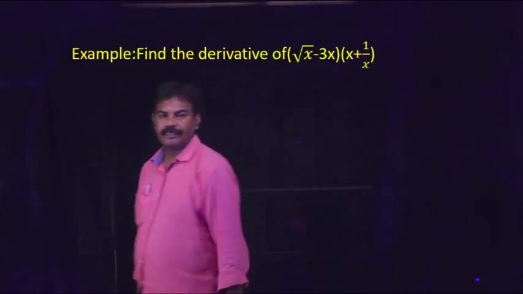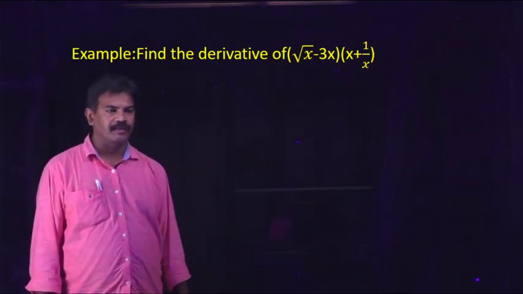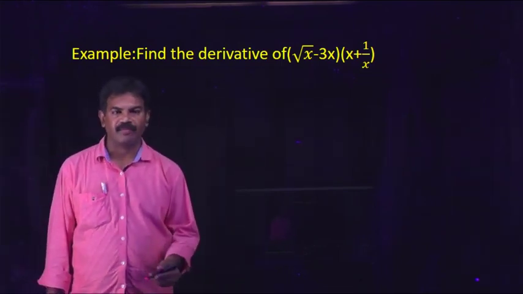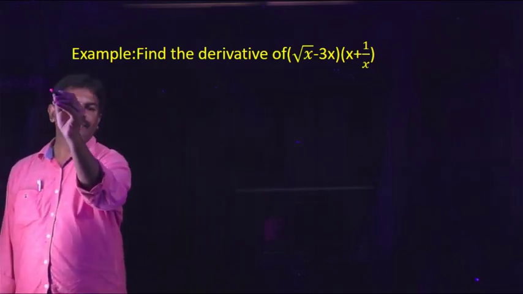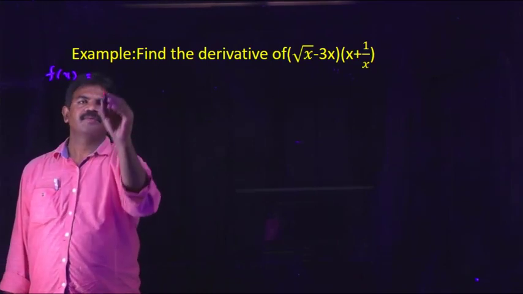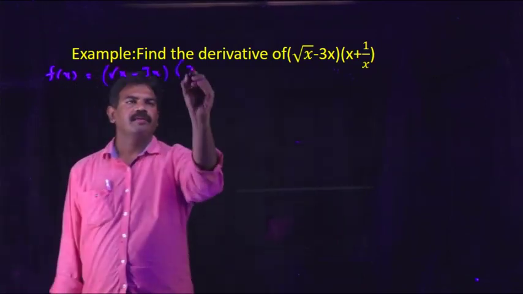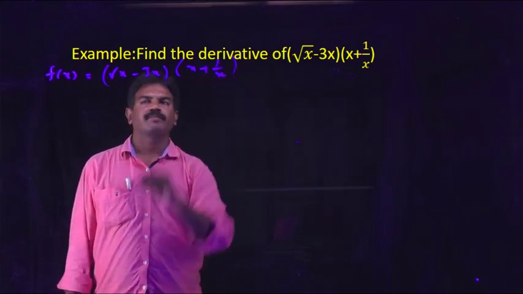Now we see the example. Find the derivative of (√x − 3x)(x + 1/x). So given that f(x) = (√x − 3x)(x + 1/x).